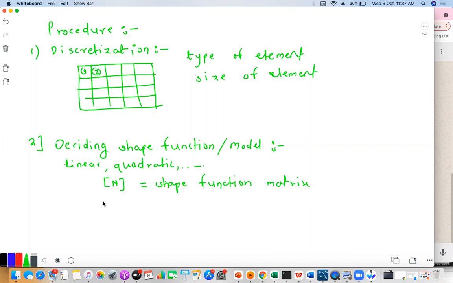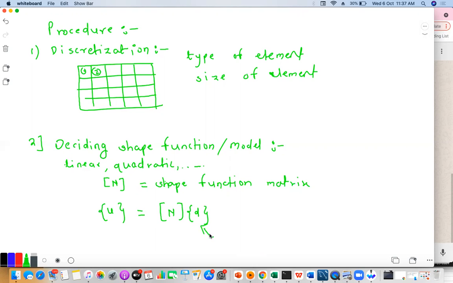Now, if I have this shape function N, then I can write u, the matrix, is equal to N into d. Now this is the shape function I already wrote.